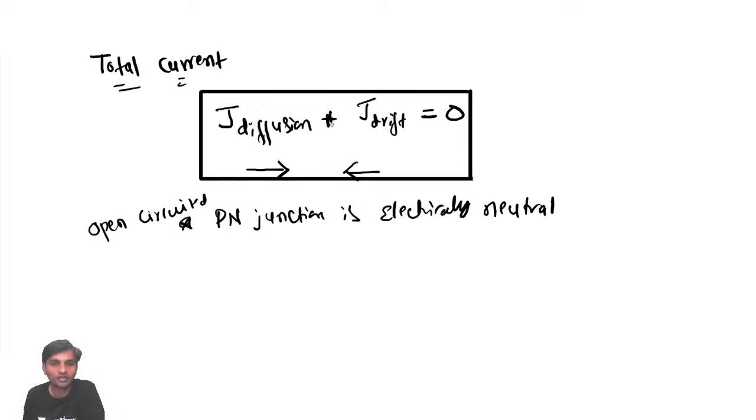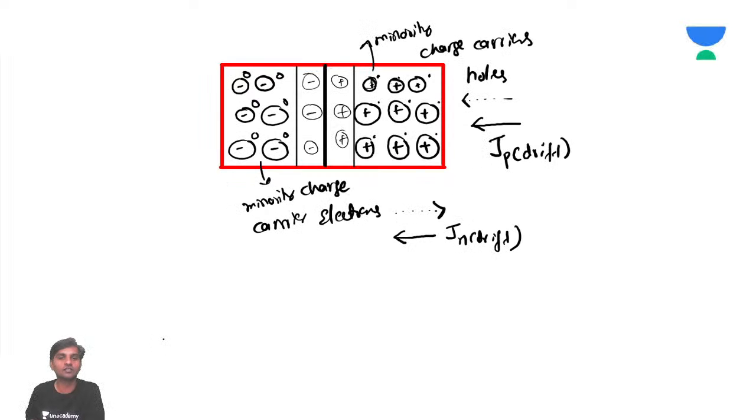So you may get a doubt, sir. When diffusion is existing, can you measure some voltage, some current? No, because this diffusion is compensated by drift. Why is drift existing? Because you have some electric field inside.